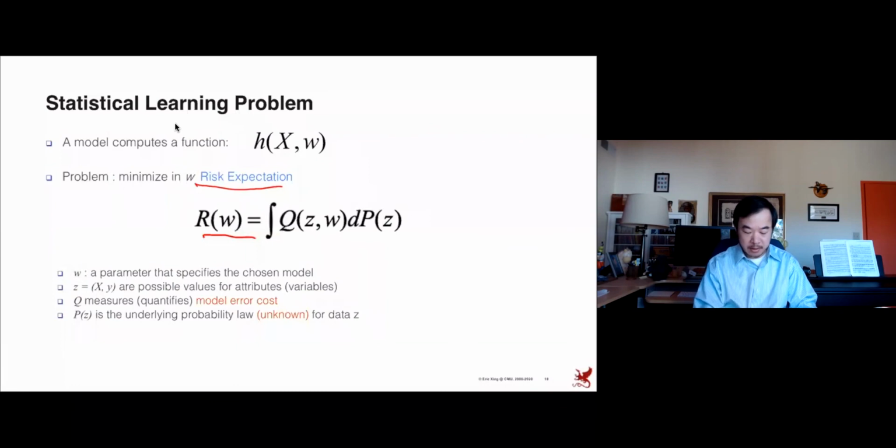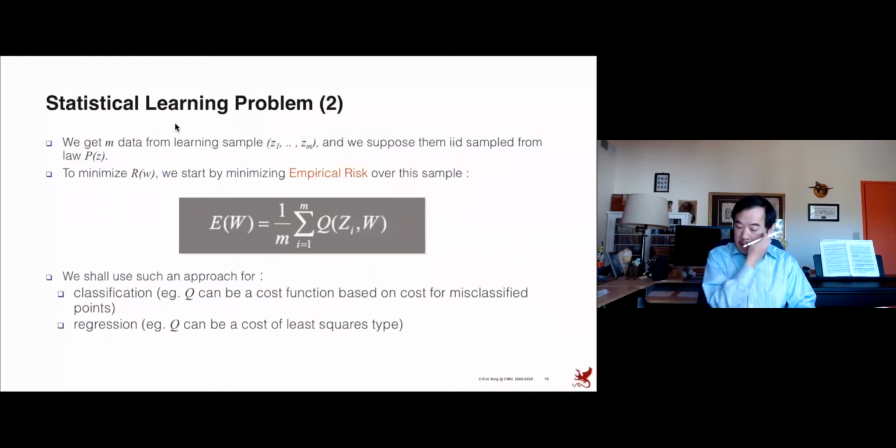So here, typically this error function Q takes as its arguments the parameters and the examples, and the error cost could be square loss or other loss and so forth, and the P is unknown. The distribution of the examples is unknown, right? And in practice, we don't know the distribution.